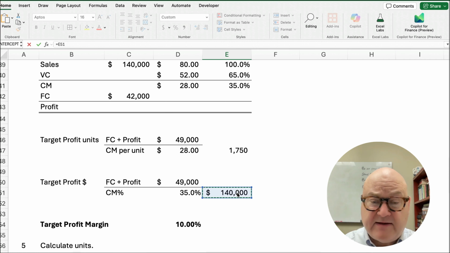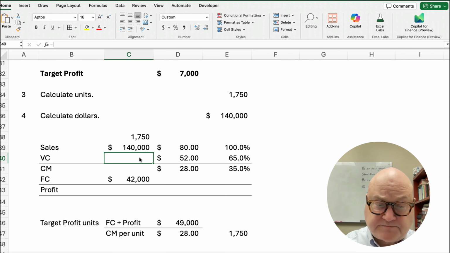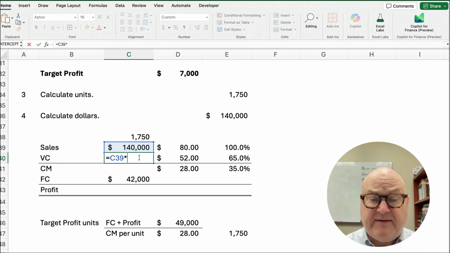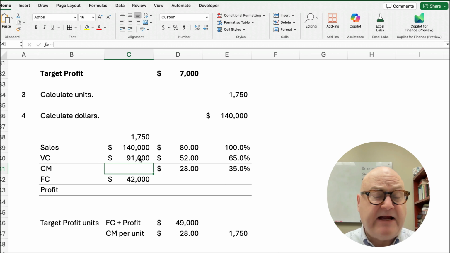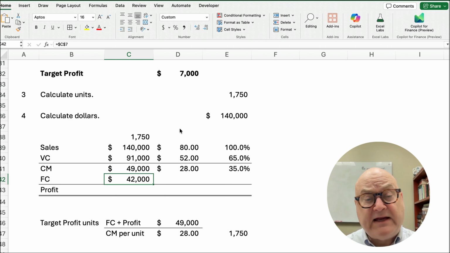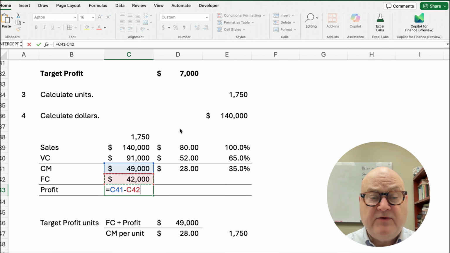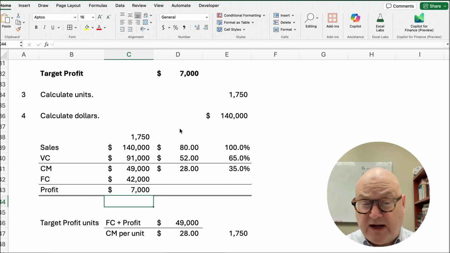So we agree with that, and we're trying to prove that this is true. 140,000 times the 65%, or we could take the 1,750 times the 52. Both of those will give 91,000. I can take 140 minus 91, and I'm at 49,000. So 49 minus 42 is going to equal 7,000 profit.